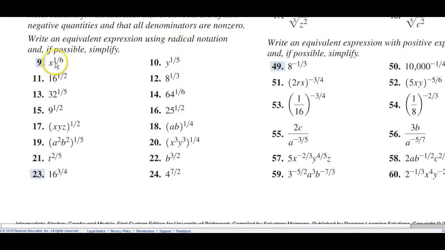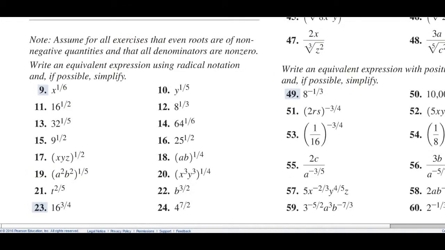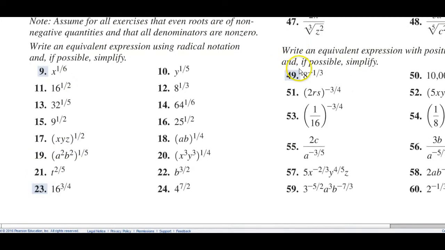This is in fractional exponential notation. We want you to convert this to radical notation. And we'll pause. In fact, I think we could make it bigger still. There we go.